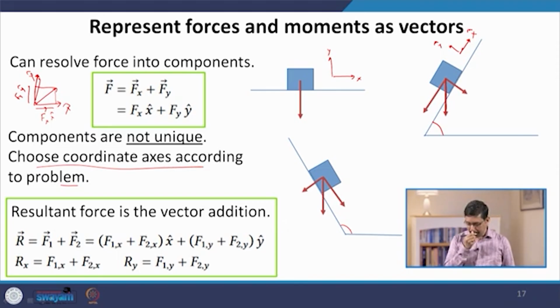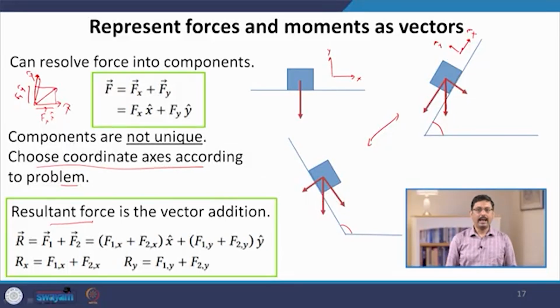So, you see that in this situation, the component of the force has a different direction compared to the situation where the angle of the inclined plane is less than 90 degrees. So, the take home message is to resolve the force into components to suit the problem.